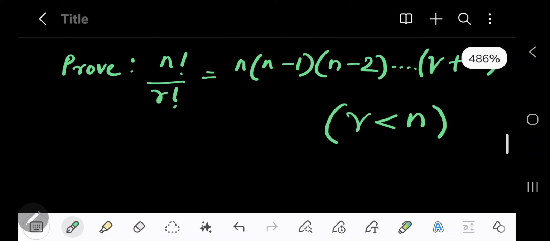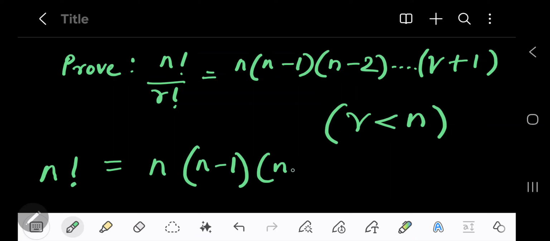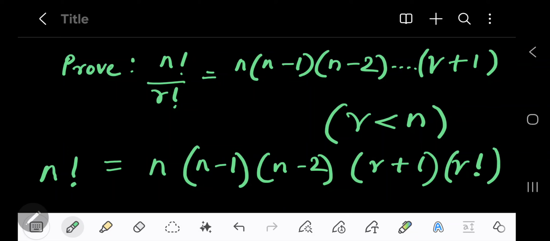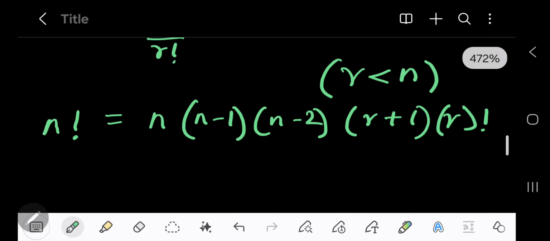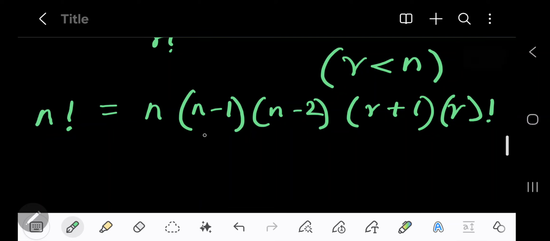Since r is smaller than n, we can say n! is just equal to n times (n-1) times (n-2), and since r is smaller than n, it will occur somewhere in the series as we're going minus 1, minus 2, and so will r+1.